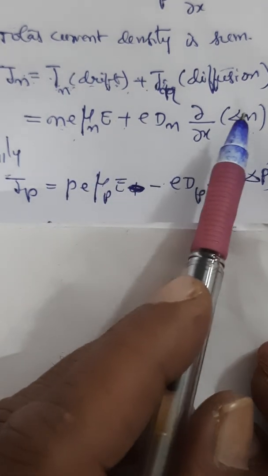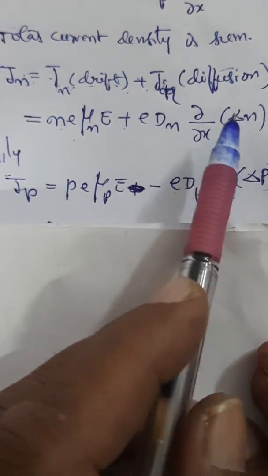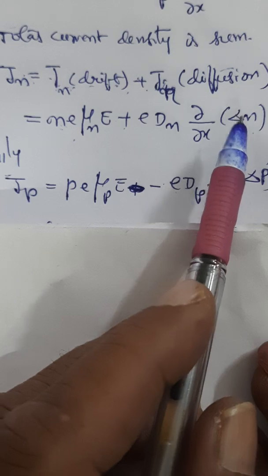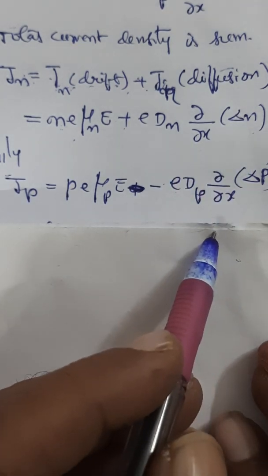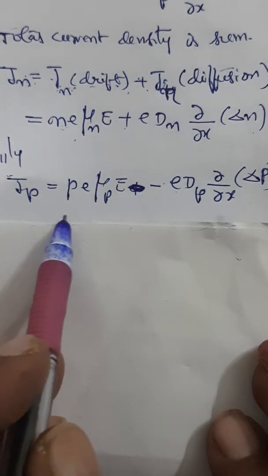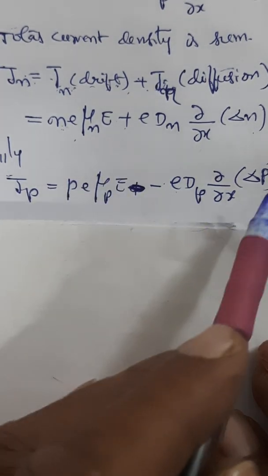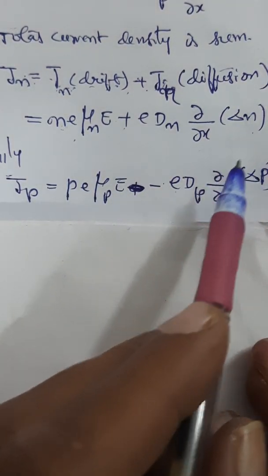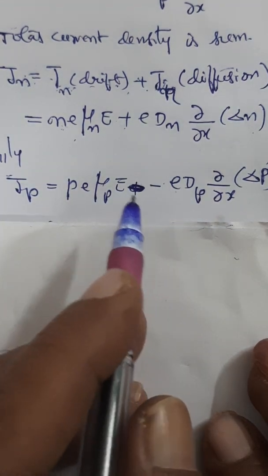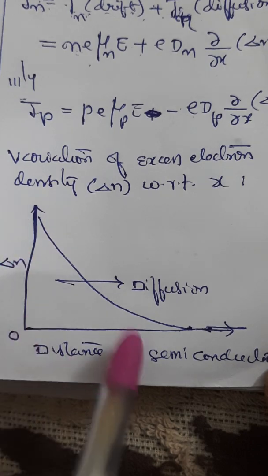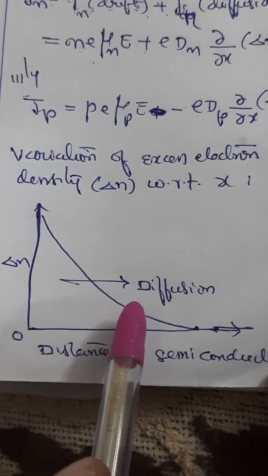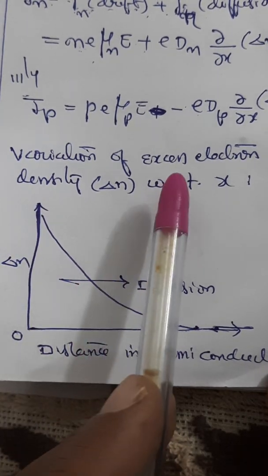The so-called delta n or delta p we are talking about: delta n is the excess electron concentration and delta p is the excess hole concentration. The variation of excess electron density, delta n, with respect to x, we can work out as a graph plotted like this. Right? What is x here?